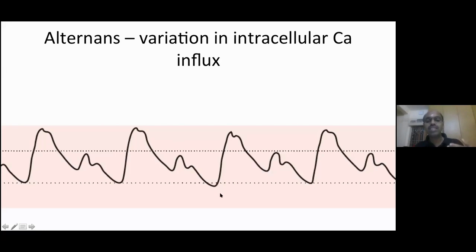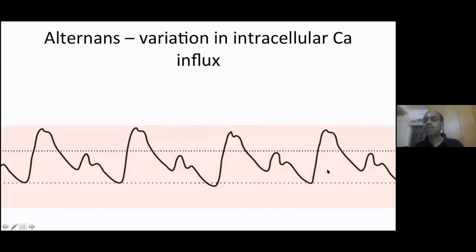However, this has resulted in preservation of the myocardial kinetics, so that the next one will be again very powerful due to higher calcium influx. So pulsus alternans is a feature of extremely weak ventricles, as you see in cardiomyopathies.